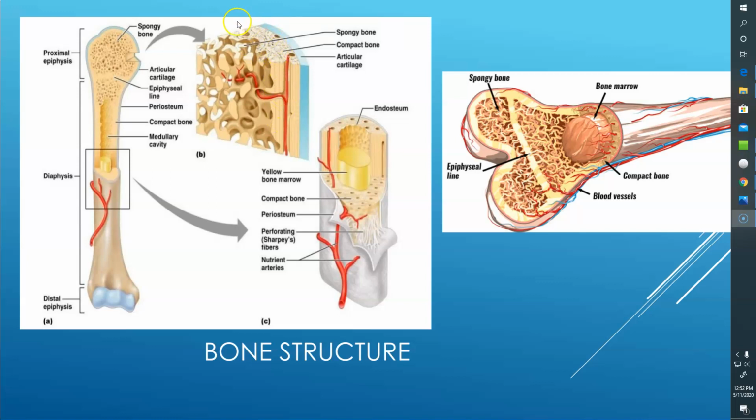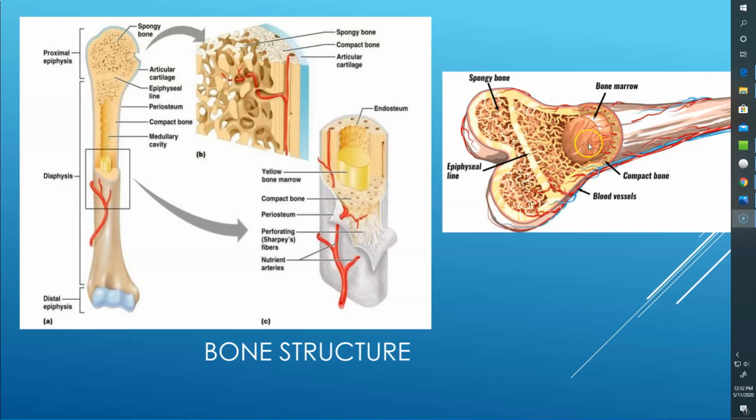If it was just filled with compact bone, it would be kind of weird. But the spongy bone itself does allow for it to be stronger because of those crossbeams that are forming it. It's very strong. And then contained within that, the inner part here is the bone marrow.